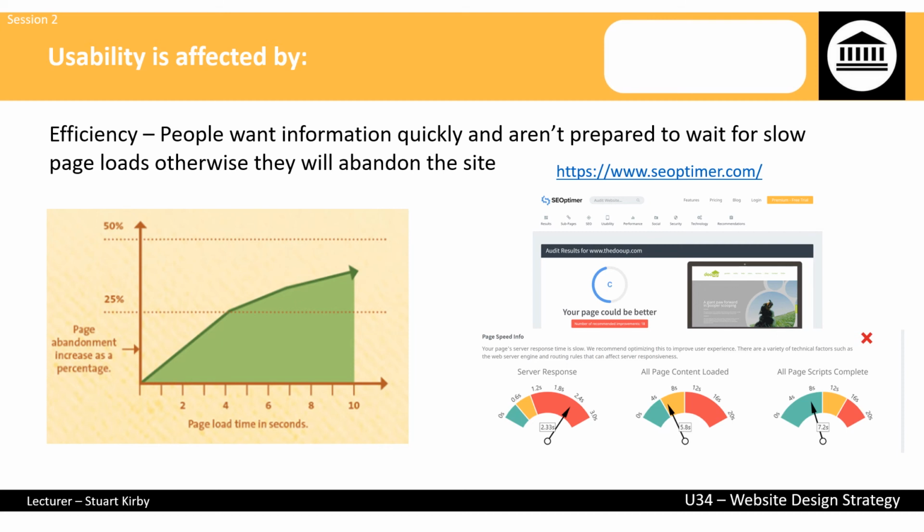There's a lot of these websites, but go down to section D and it will tell you the page load speeds, and you can see this website in particular is above 4 seconds. All page content loaded over 4 seconds, so it's not getting a particularly good score. You could do that for each one of your 3 websites to show that you've understood and analyzed it using that particular tool. It's very useful.